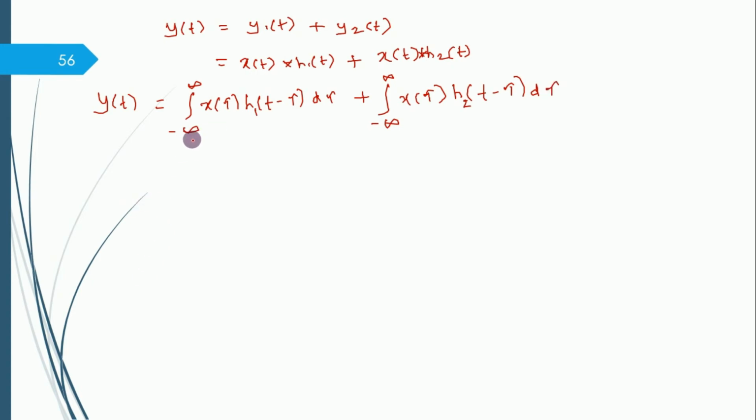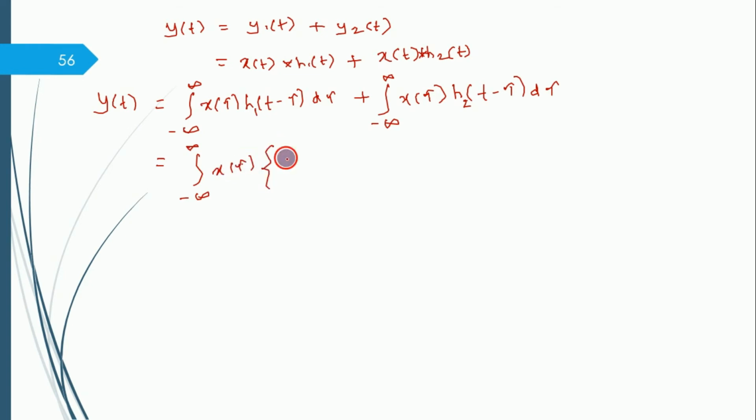Now what I do is I know that in the integration x of τ is a constant. We have a weighted sum or weighted integral. We already know it, right? So as it is a constant, I can take it as common.